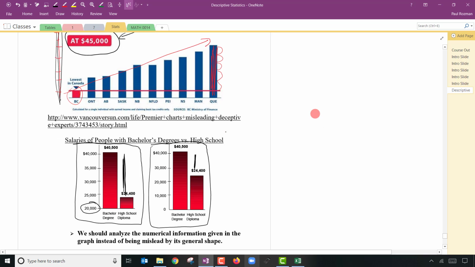For the high school one, you might want to ask which provinces it came from, or how they came up with this. Maybe the difference isn't as big in rural areas as it is in metropolitan areas. So not knowing where the data comes from really can distort things, in addition to the scale.